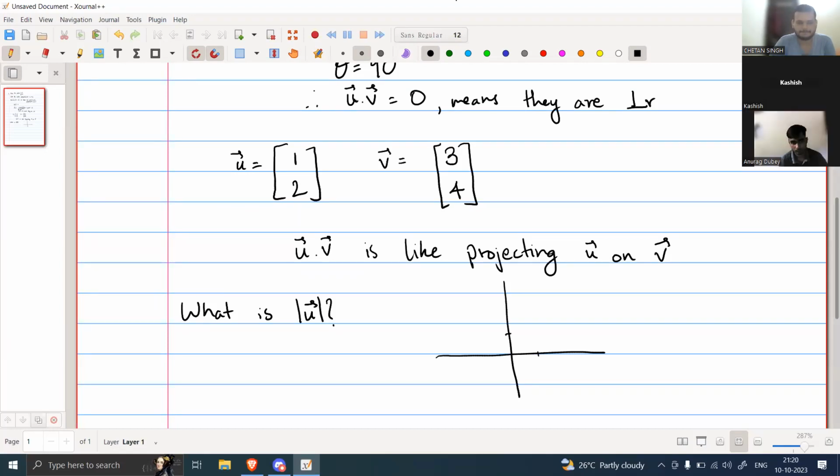Perfect. You know how to plot a vector, right? If your vector is 1 comma 2, that means 1 unit in the x direction and 2 units in the y direction. So you find the magnitude of it by the Pythagorean theorem, right? Anyone who didn't get this part can raise their hands.